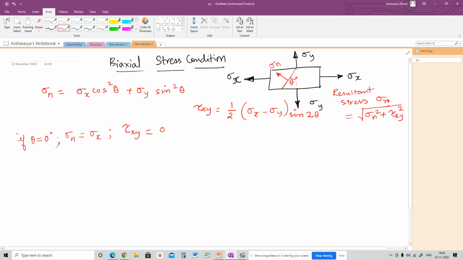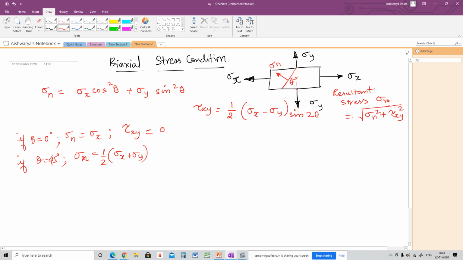Okay. Now next we will go for theta is 45 degree. When theta is 45 degree, cos 45 is 1 by root 2, and here we have a square, so sigma n will be sigma x plus sigma y by 2. Yes, so I can write half of sigma x plus sigma y.